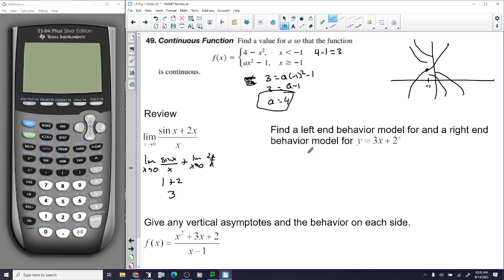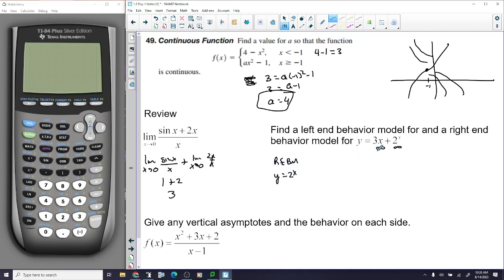Find a left end behavior model and a right end behavior model for y equals 3x plus 2 to the x. So who's dominating? If I plug infinity in, 2 to the x is going to dominate, so a right end behavior model would be y equals 2 to the x.